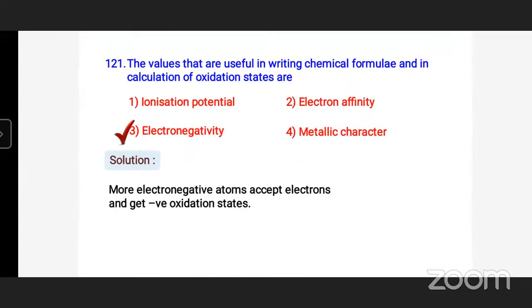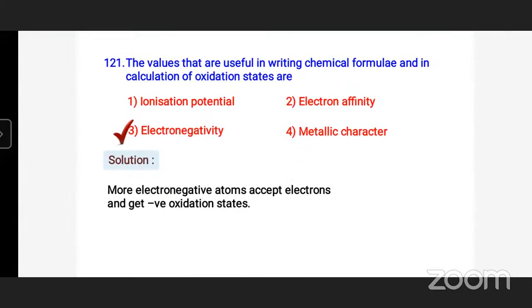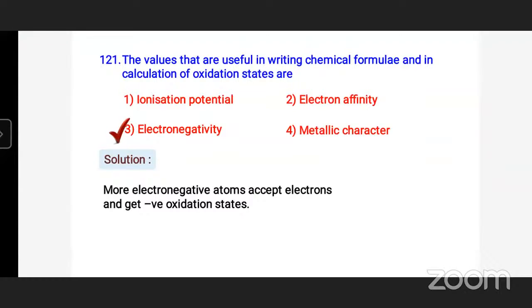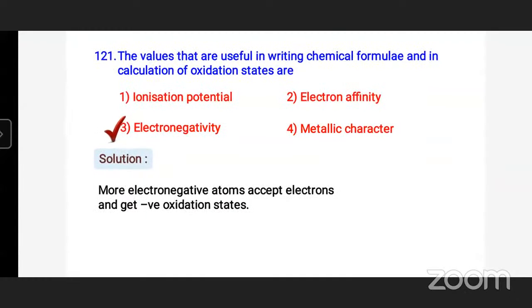The values that are useful in writing chemical formulas and in calculation of oxidation states are: number one, ionization potential; number two, electron affinity; number three, electronegativity; number four, metallic character.